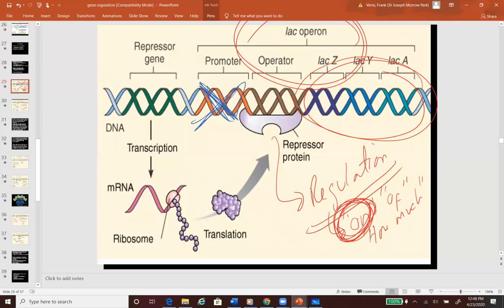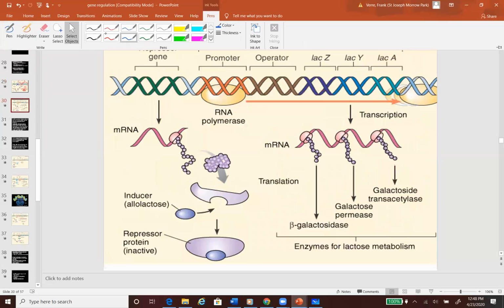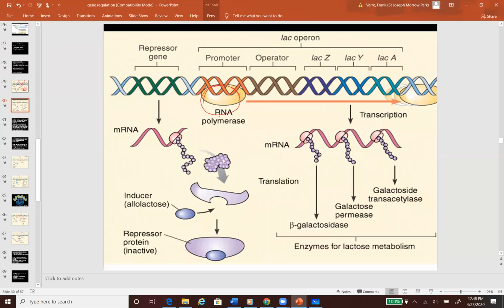What would happen to genes Z, Y, and A? Would they ever get switched on? Considering that the promoter region has to be recognized by RNA polymerase, if the promoter region is gone, then what happens? The gene stays off.